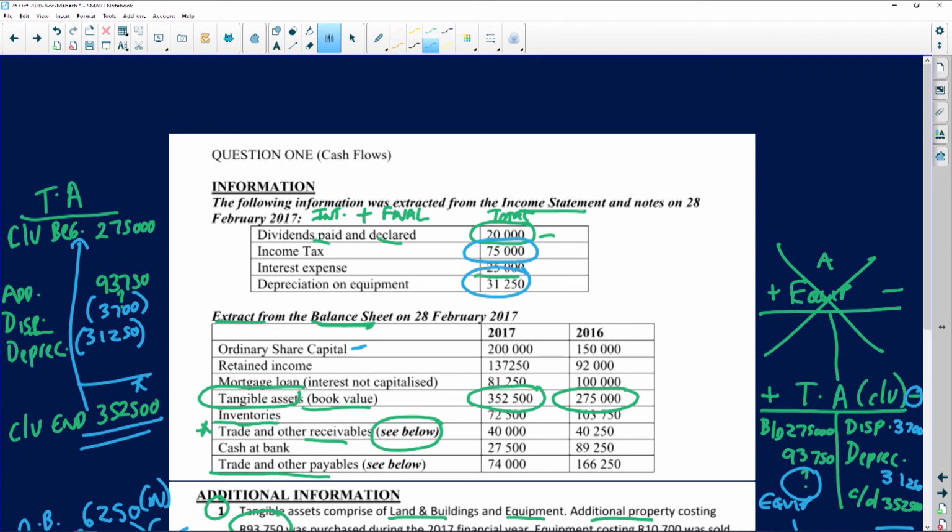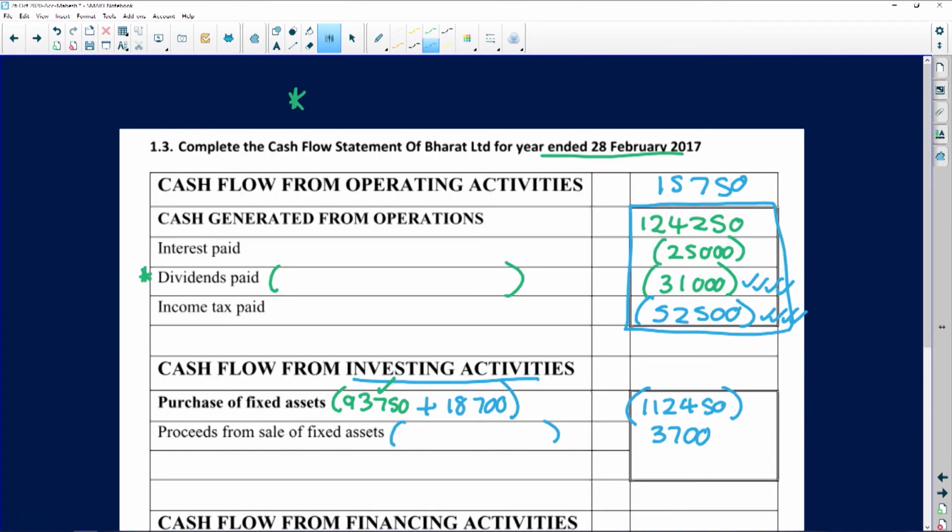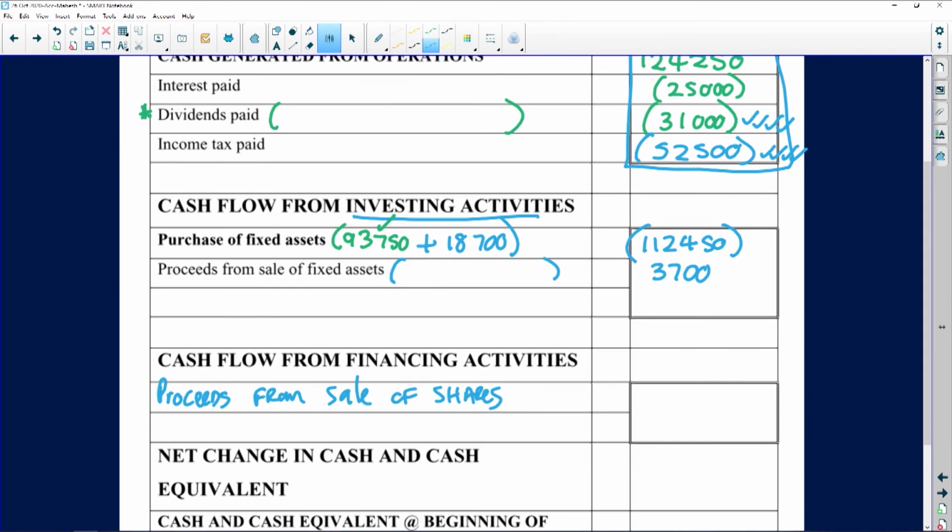Previous year, 150,000, current year, 200,000. So all I'm doing is subtracting. So as you can see, ordinary share capital from last year to this year increased by 50,000. So that's what you would fill in, right, under proceeds from the sale of shares, an amount of 50,000.